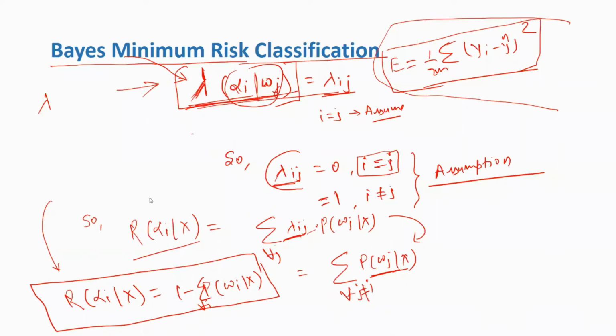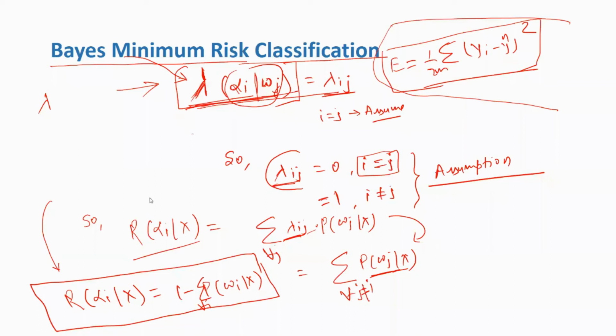And that accumulation is given by some summation. Now consider that while taking the action, we can also define some loss function or error function.